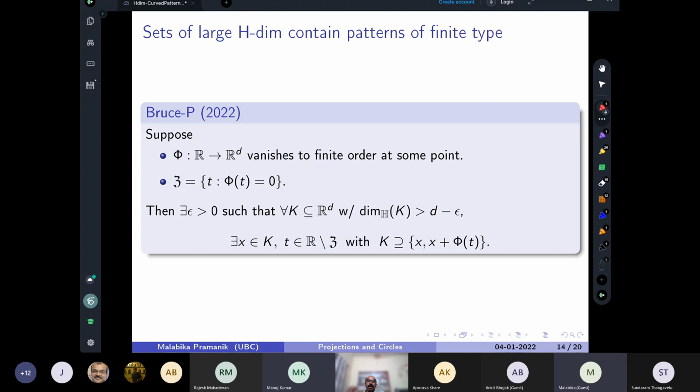So let me say what some of the things are. Our proof is constructive, so we get actual concrete values of epsilon. But currently we have no reason to assume that these are optimal.